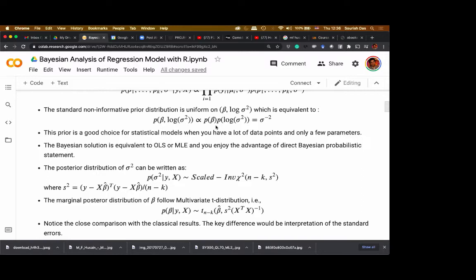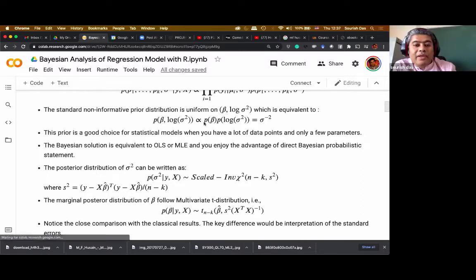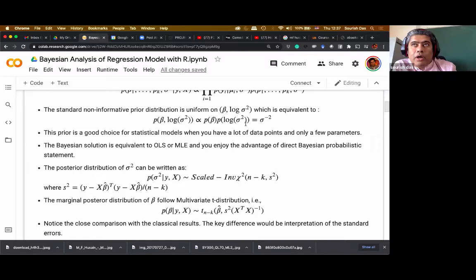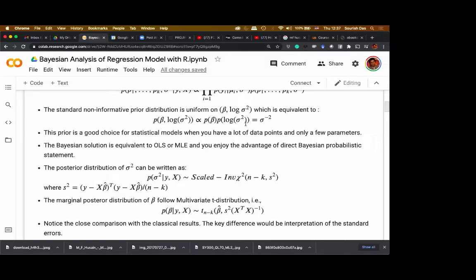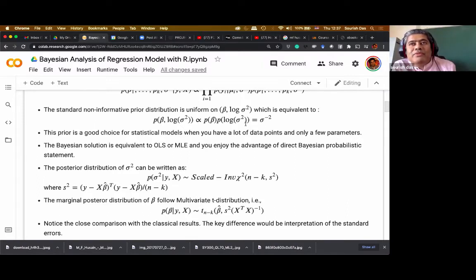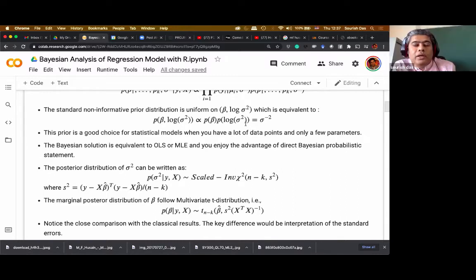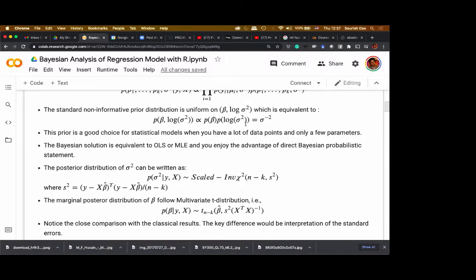In uniform? No. The question is, I'm writing it as P of beta times P of log sigma square, right? How did we split it into the product? Yes, because underlying that, I'm assuming some sort of independence between these parameters. Even a non-informative prior? By non-informative, I just mean they're flat.